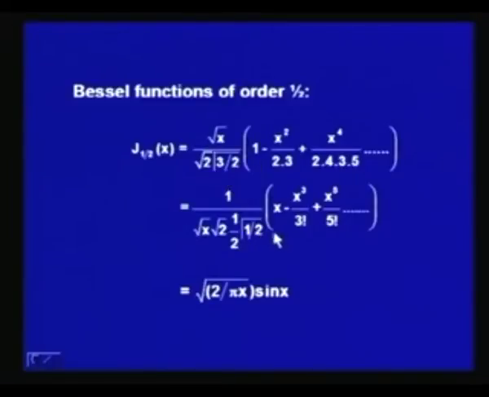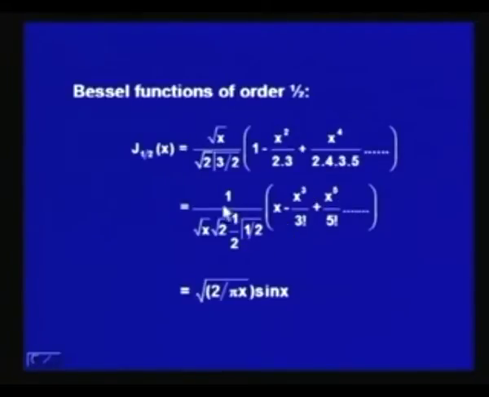Gamma 3 by 2 is half, gamma half we know is root pi, and after multiplying by root x in the numerator and denominator, this becomes x minus x cube by 3 factorial plus x to the power 5 by 5 factorial and so on, which is the Maclaurin series expansion of sin x function.